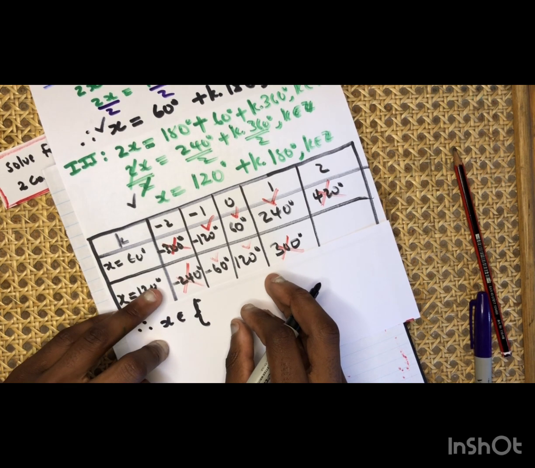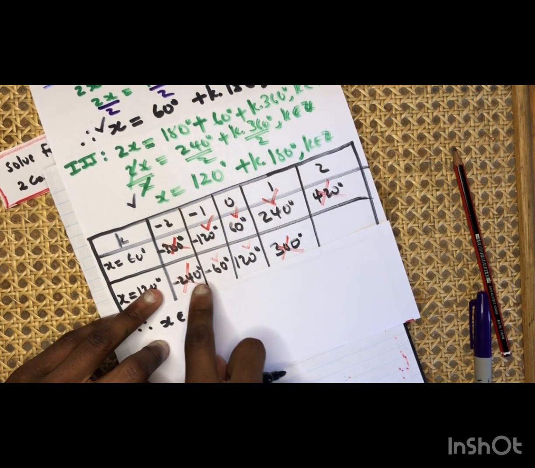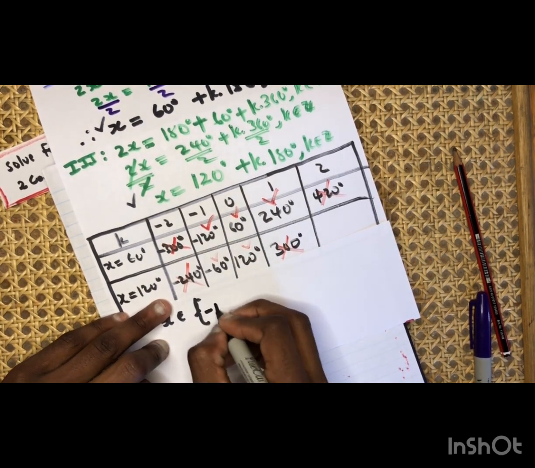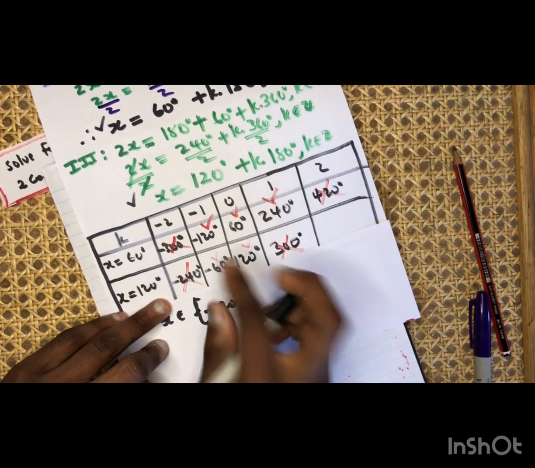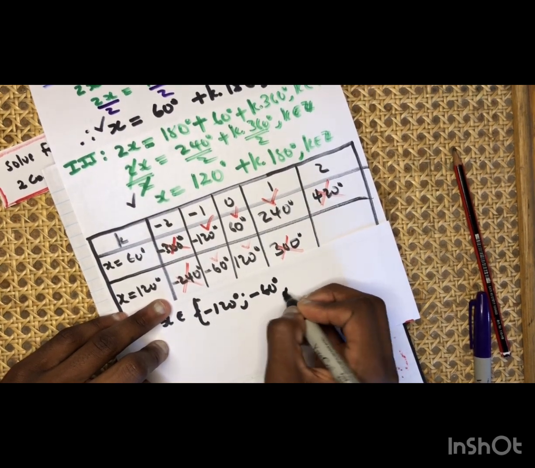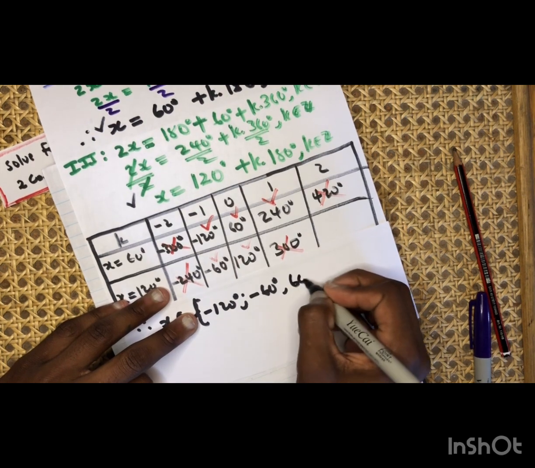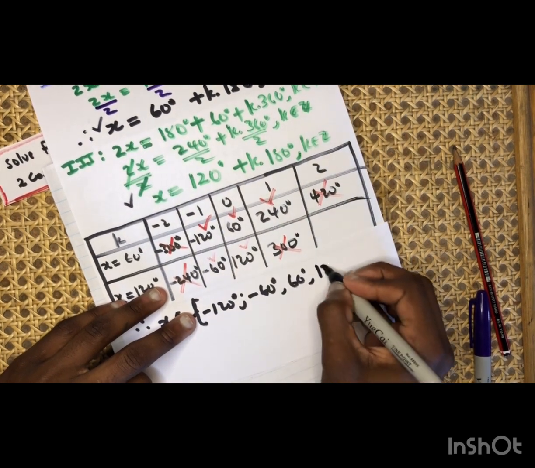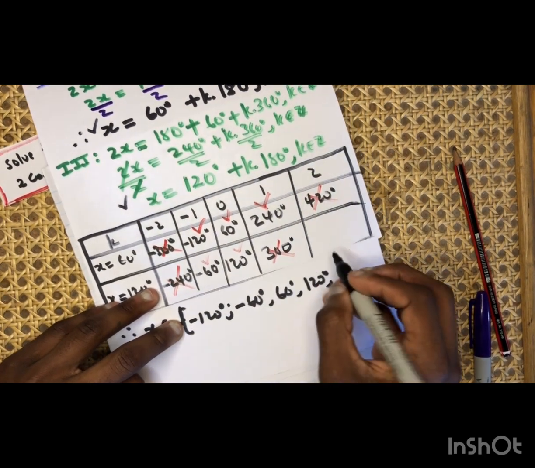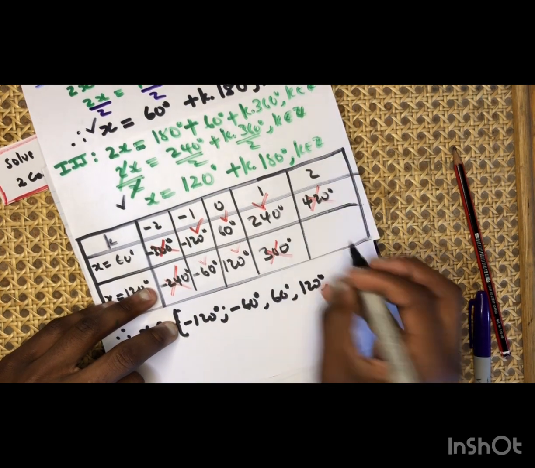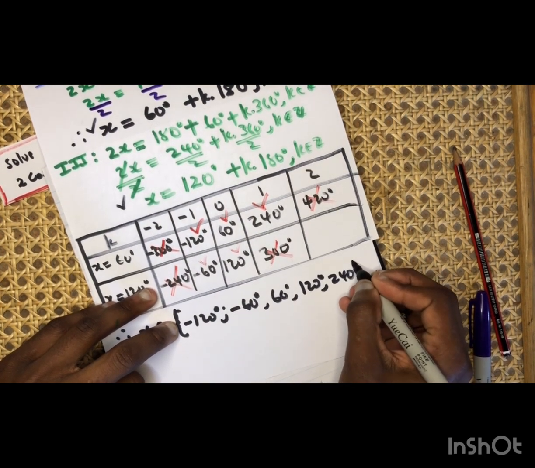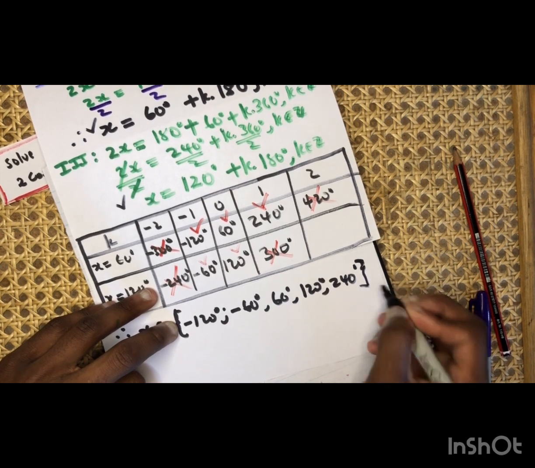So now we have -120, the smallest, -60, then 60, then 120, then 240 degrees. So these are your solutions.